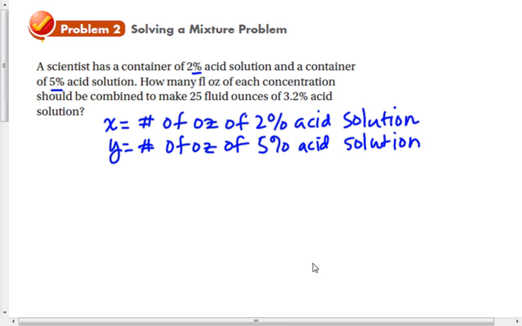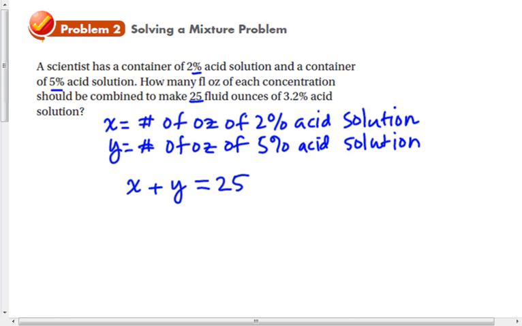And if we do that, then we know we want to make 25 fluid ounces of solution. So one equation we can use is just say that our 2% acid solution plus our 5% acid solution should add up to 25 ounces. And then our other equation is going to come from the amount of acid in the solution.